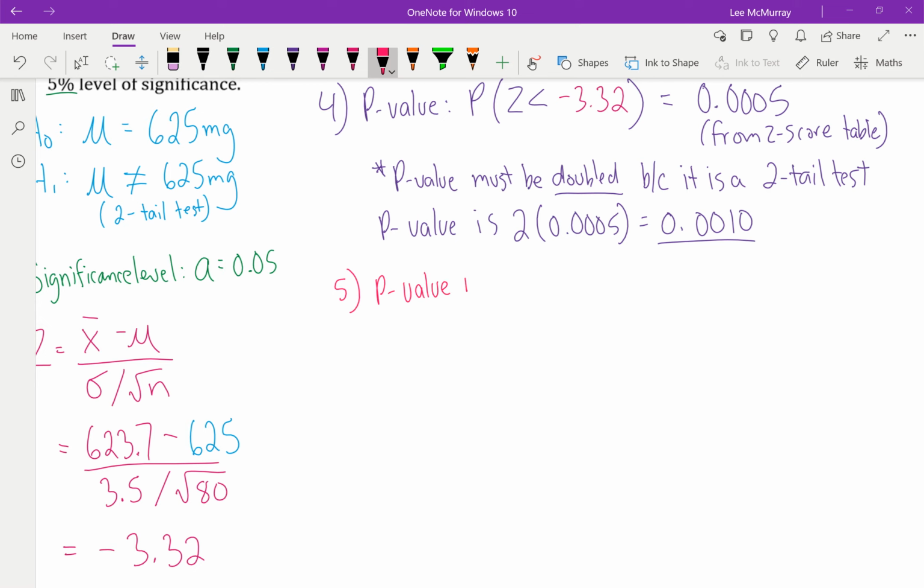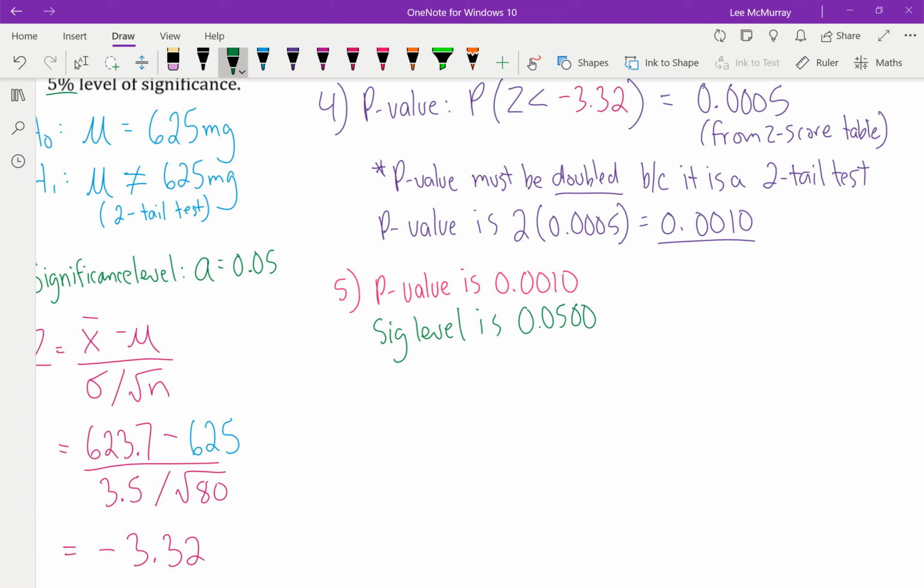So the p-value is now 0.0010, and our significance level, we already identified, is 0.0500.